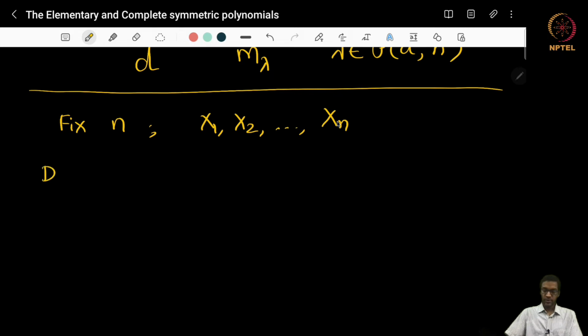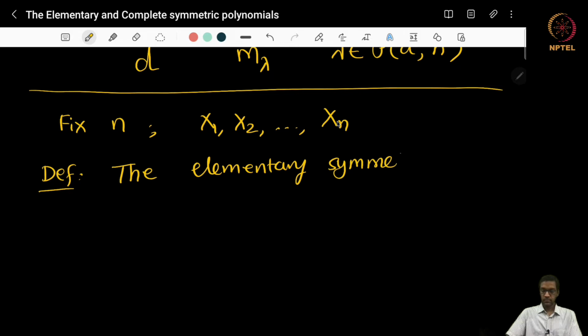Okay, definition: the elementary symmetric polynomial e sub d, let's say, is defined as follows. Let's go in order maybe.